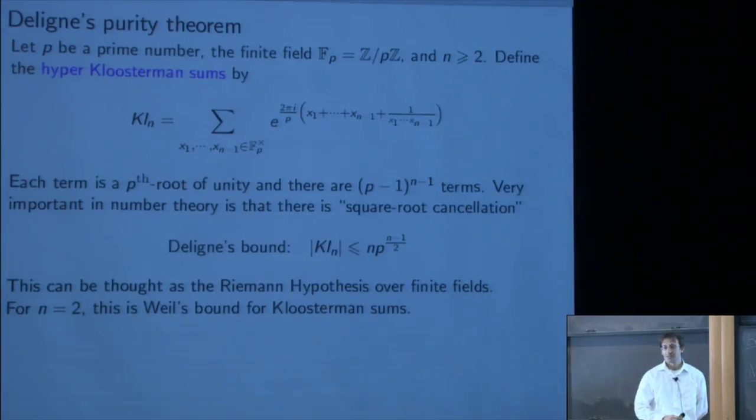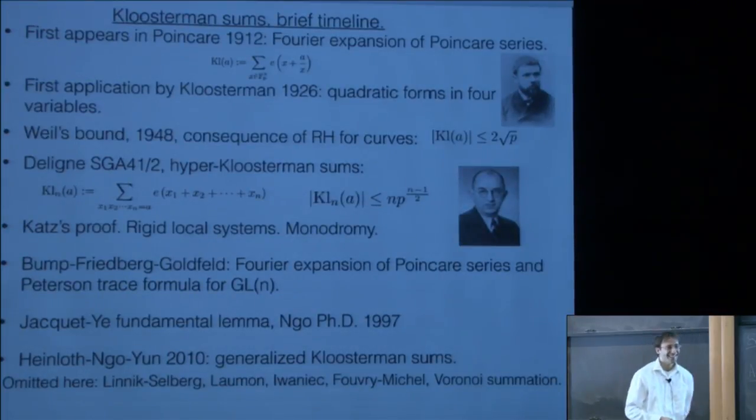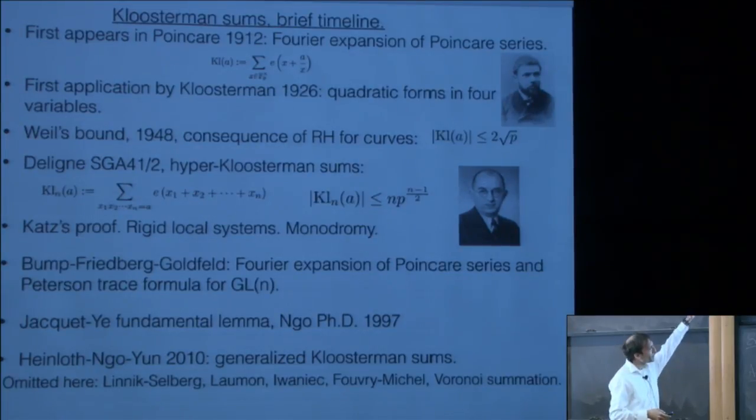So what is the motivation to look at this sum? In the next slide I'm going to give some. Let me give you some motivation for where it came from briefly, so you have an idea.